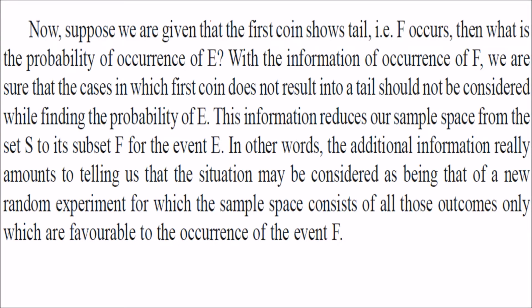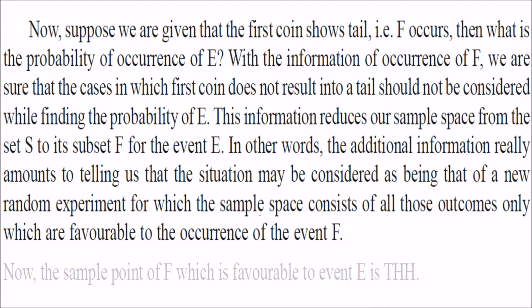Now, we are given that the first coin shows tail, that is, F has already occurred. Then what is the probability of occurrence of E? It means we have to find a conditional probability, using the additional information that the first situation has occurred. What is favorable to the occurrence of F?